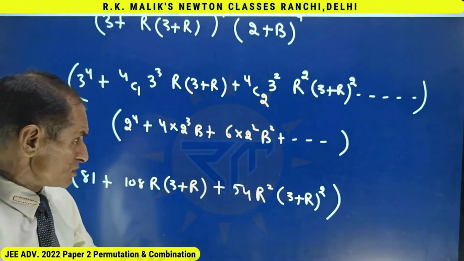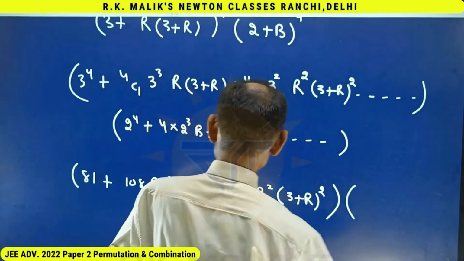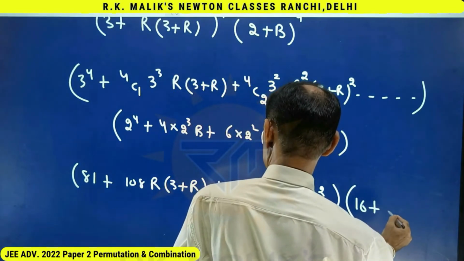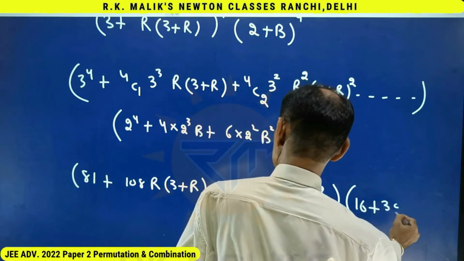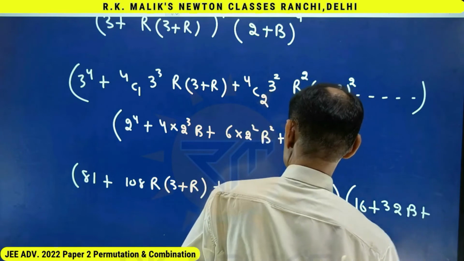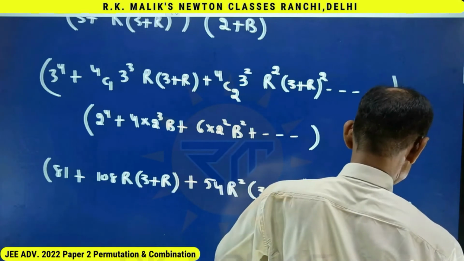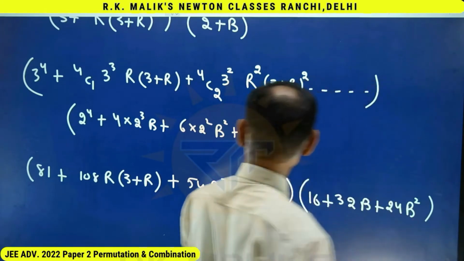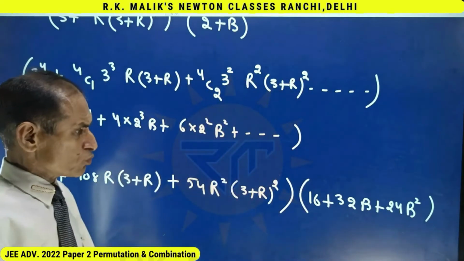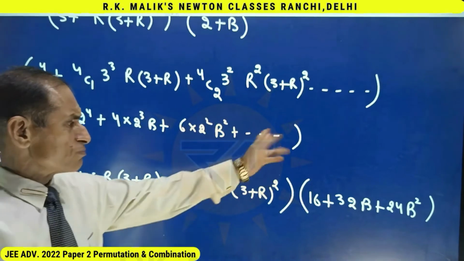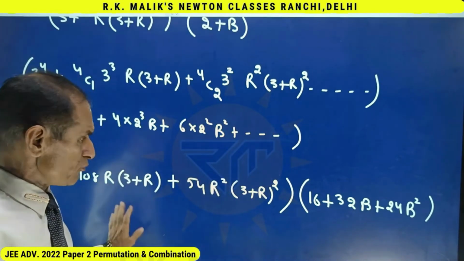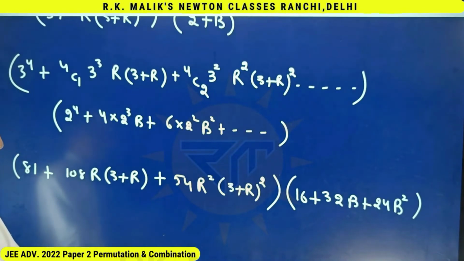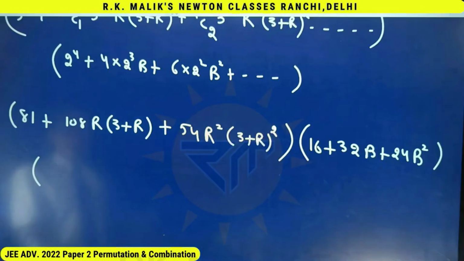Those are of no use to us. And similarly here 16 plus 32b plus 24 b square, and other terms are useless because in other terms b cube etc. will come. We are concerned with the terms of r square, rb and b square only.